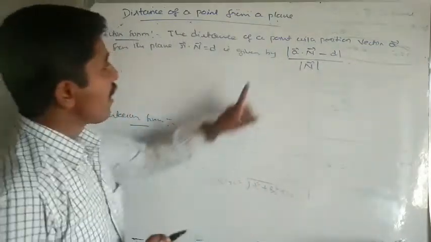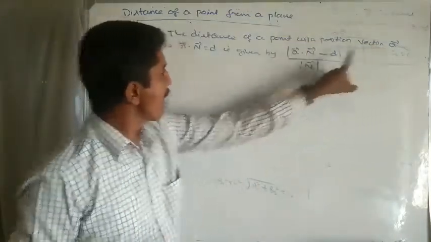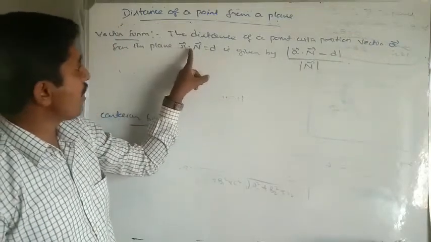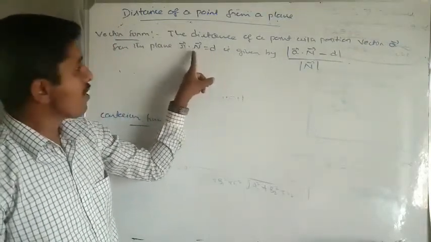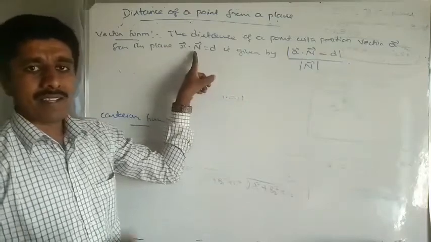Mind it. Here the point's position vector is a and the plane equation is vector r dot vector n is equal to d, where vector n means normal to the plane.